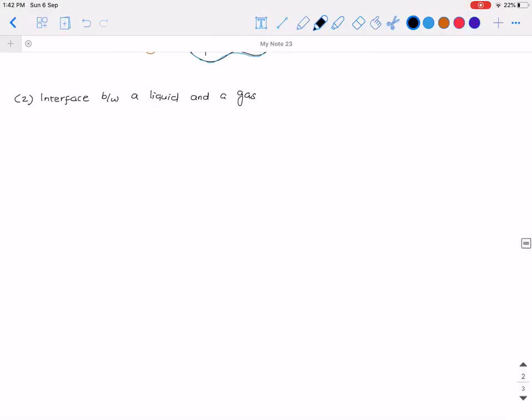If we take a bottle or some vessel and fill it with the fluid, so this fluid is filled in this container.